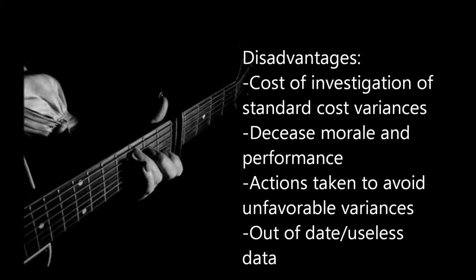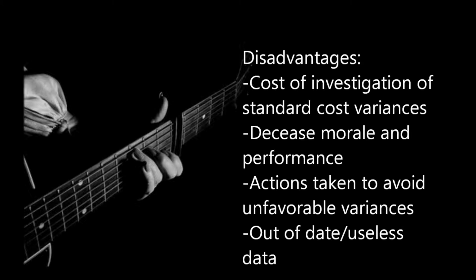And another reason why American Guitar managers might find it best to avoid standard costing systems is that the information in the variance reports may be so stale that it is almost useless, since these reports are usually prepared on a monthly basis and often are released days or even weeks after month or period end.